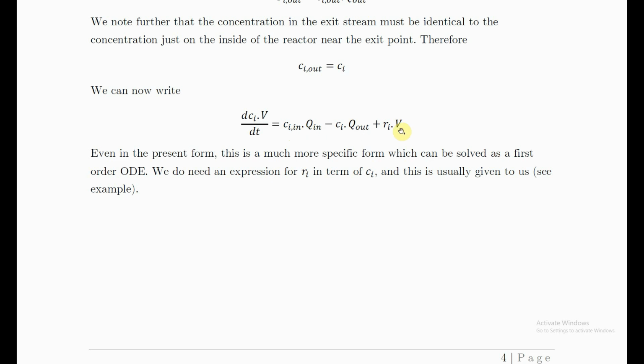We can get numbers for everything in here. We prescribe the flow rates, so as engineers we are pumping in 50 cubic meters per day, and we are withdrawing from the reactor so many cubic meters per day. So we can set those numbers. We know we are pumping in component I at a specific concentration, and then Ci is the variable, so that's what we are solving for, and Ci is also behind Ri.